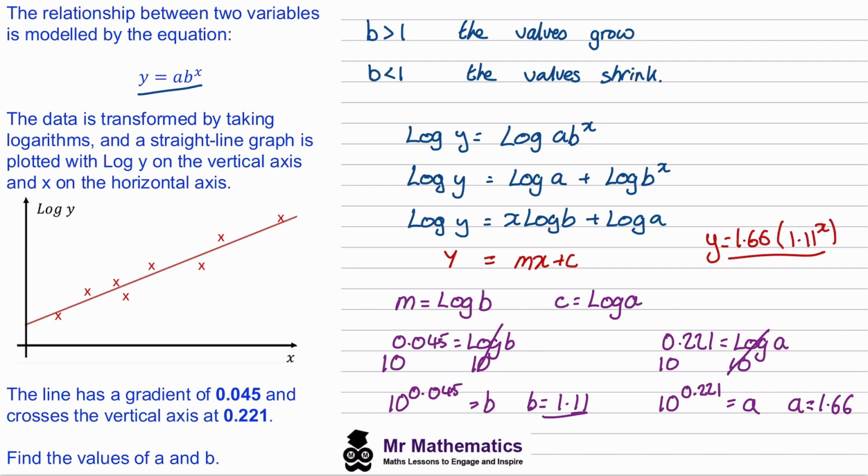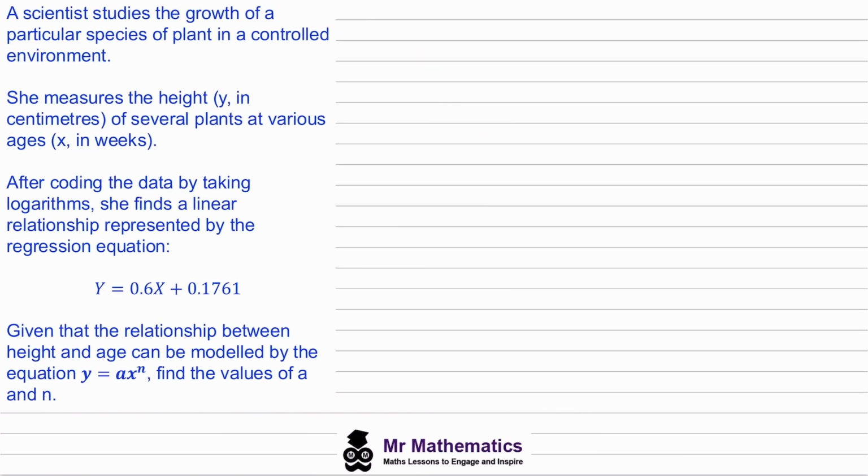Well, that was a simple exponential model, and all we needed was a straight line graph of log y against x. In the next question, we're going to look at a different exponential model. So now we're told that a scientist studies the growth of a particular species of plant in a controlled environment.